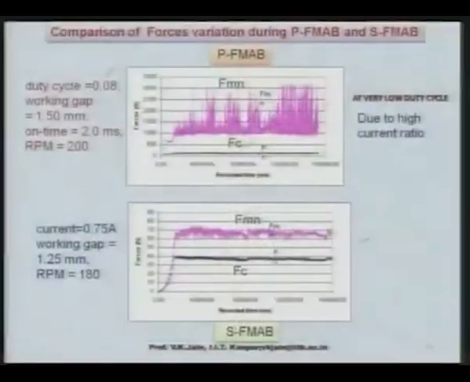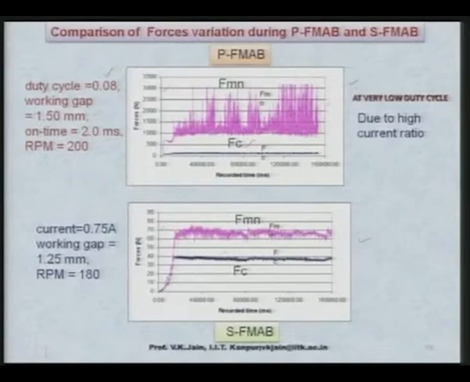As you can see in this figure, with 0.08, that is the lowest duty cycle that we could use in our pulse generator, the highest normal force that we are able to achieve is around 3000 Newton, while in case of smooth DC power supply it is around 70 to 75 Newton.